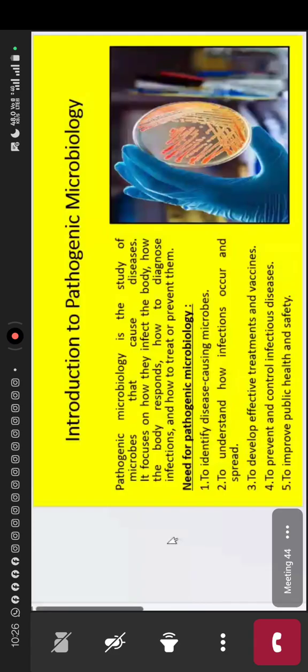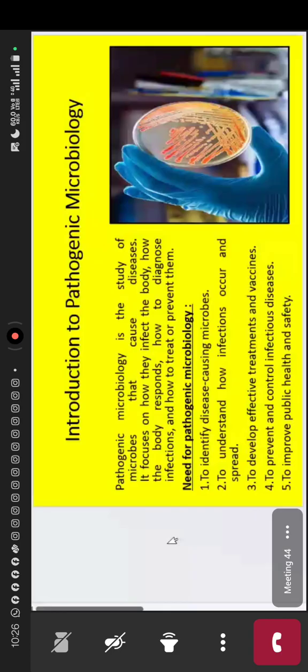In the introduction, we learned that microbiology is the branch in which we learn about microbes, basically bacteria, viruses, fungi, and parasites, right? In pathogenic microbiology, we deal with how microbes infect patients and the host body, how they spread the infections from one part to another, what the modes of transmission are, and how pathogens come inside the host and spread the infections.